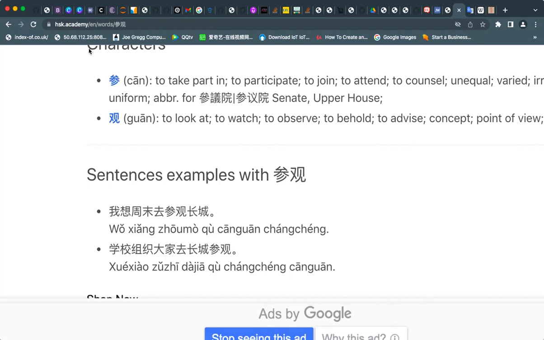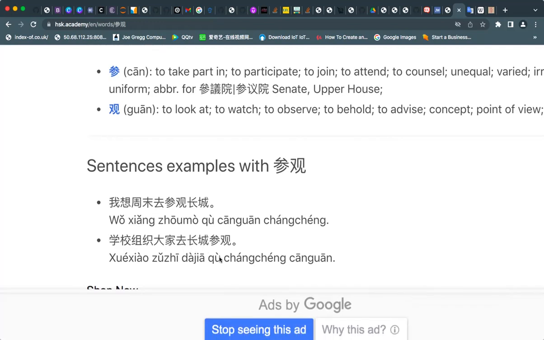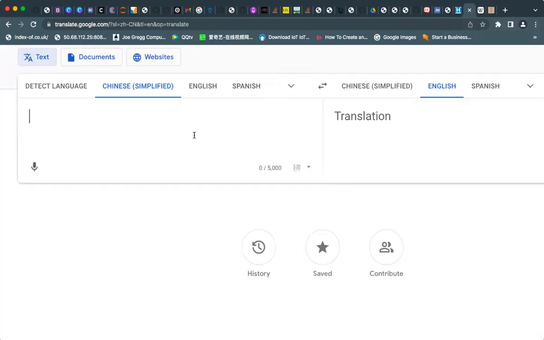True. You could actually say they've already gone also. They all went. They've gone to watch or to view the Great Wall.